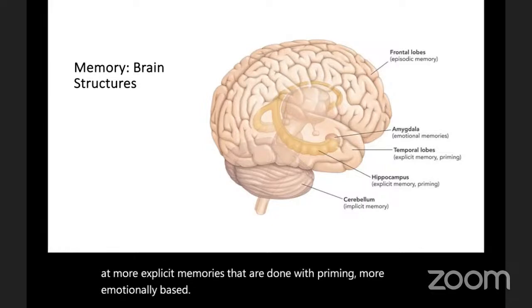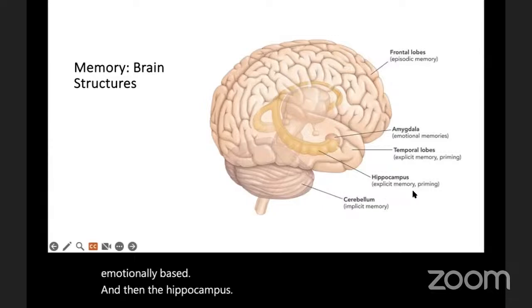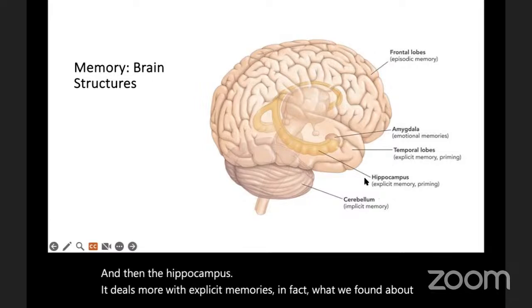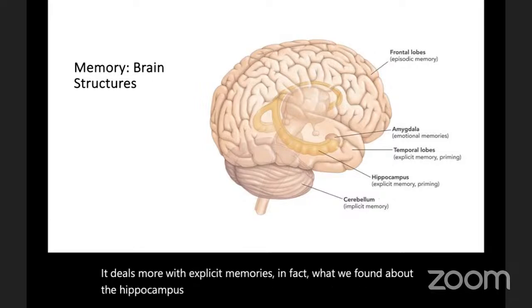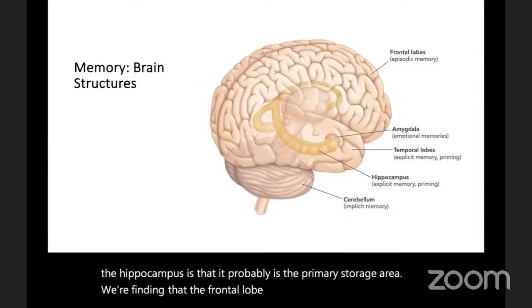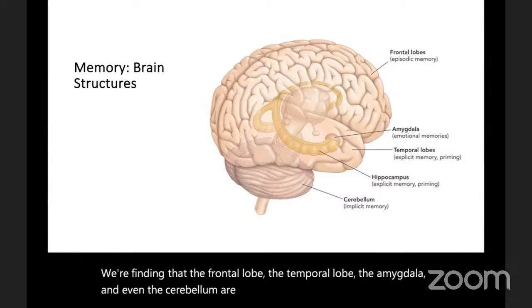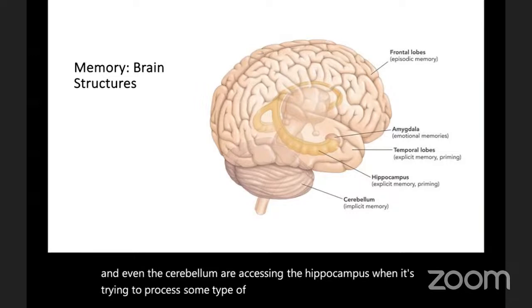And then the hippocampus, it deals more with explicit memories. In fact, what we found about the hippocampus is that it probably is the primary storage area. We're finding that the frontal lobe, the temporal lobe, the amygdala, and even the cerebellum are accessing the hippocampus when it's trying to process some type of memory, okay?